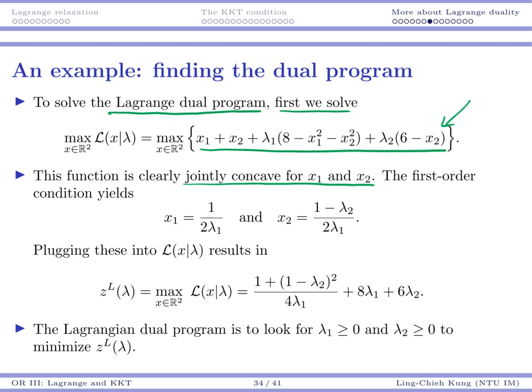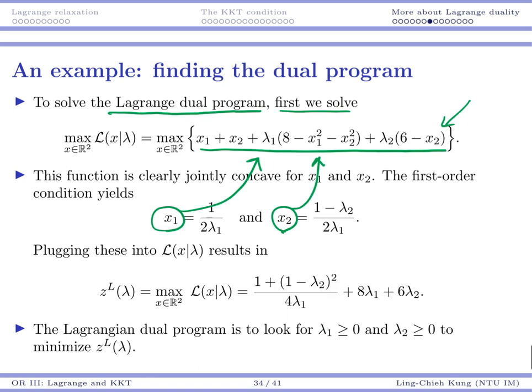So the first order condition says that given any lambda 1 and lambda 2, we may express the optimal solution of x1 and x2 in this particular format. Analytically, that can be done, first order condition. And then we may plug in x1 and x2 into the Lagrangian. Once we do that and do some replacement arithmetics, we're going to get this one, okay?